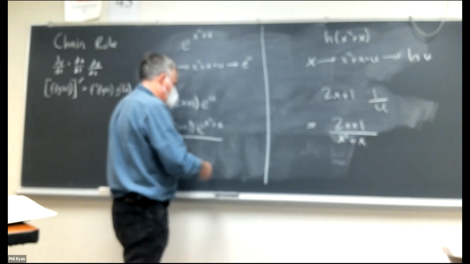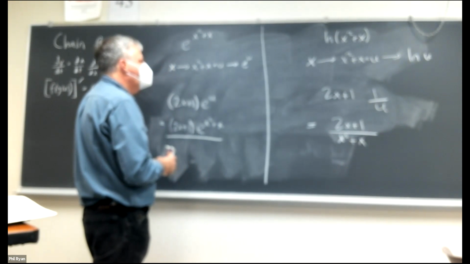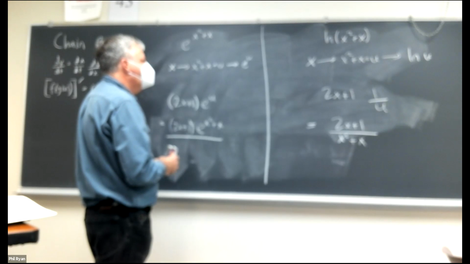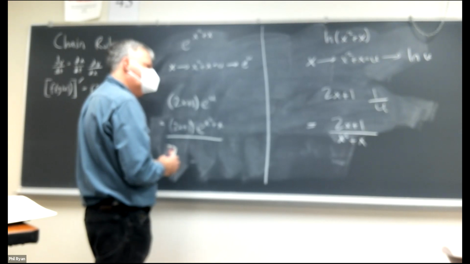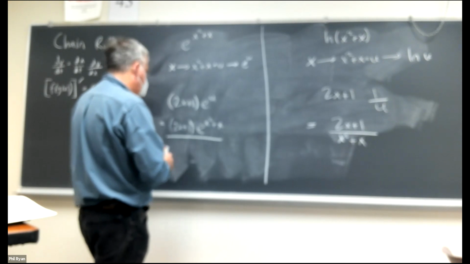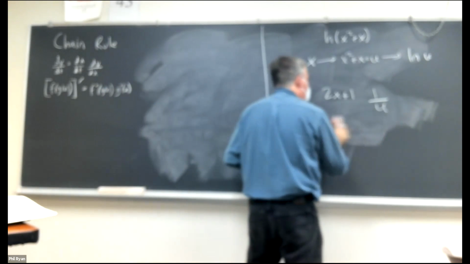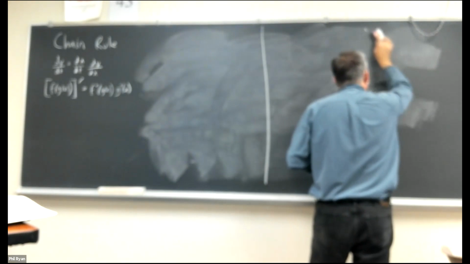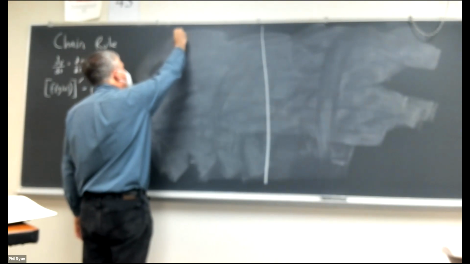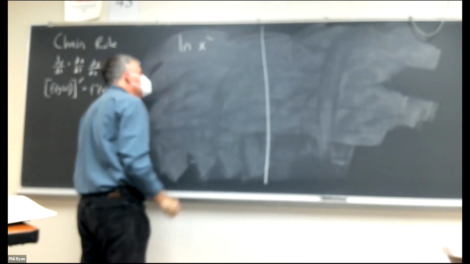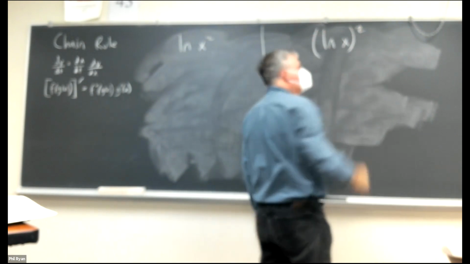Okay. Let's do an example of something where we have ln of x squared and ln of x, squared, like that.